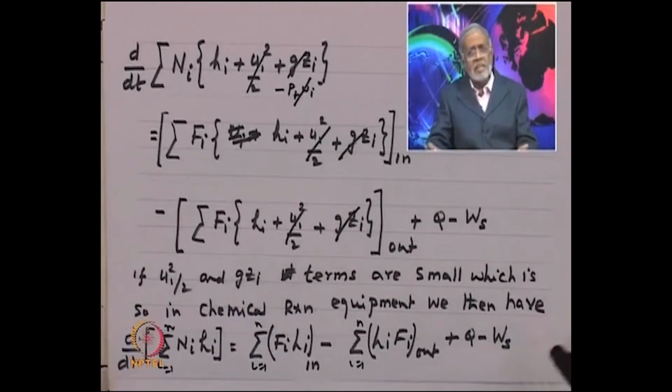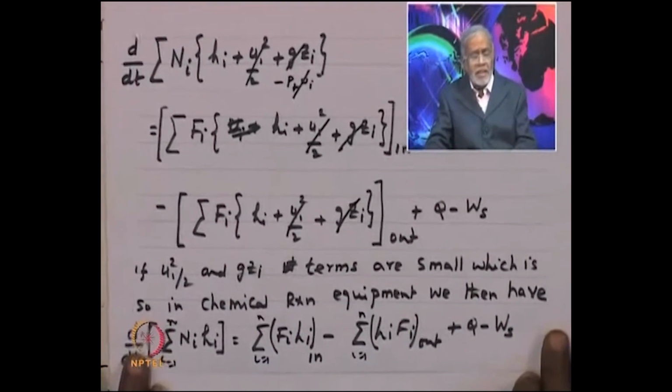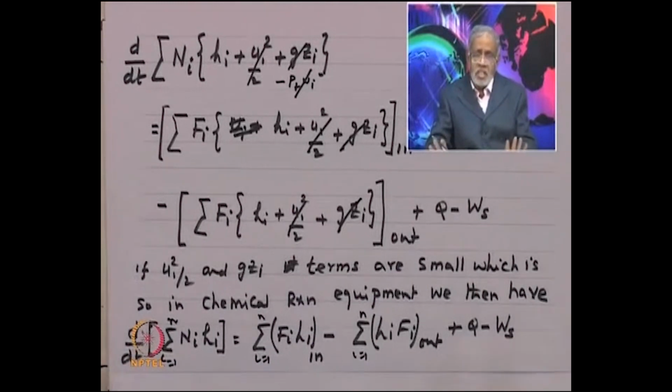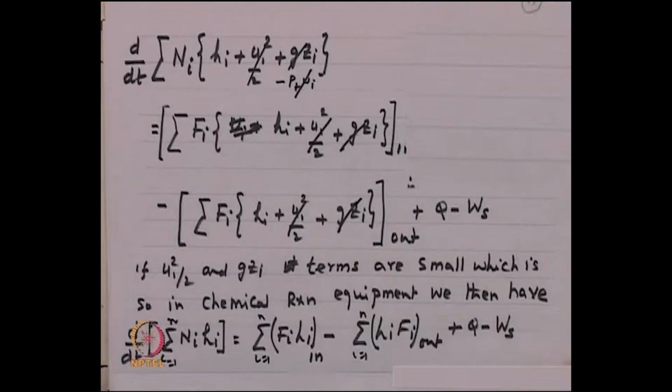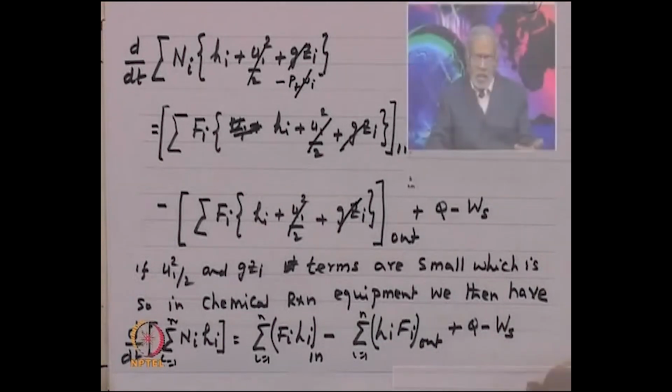So, what we have done is started with the general statement of conservation of energy, made certain simplifications, and then written our equations in terms of enthalpy, which is well tabulated.